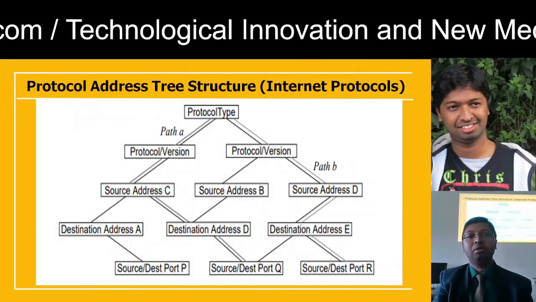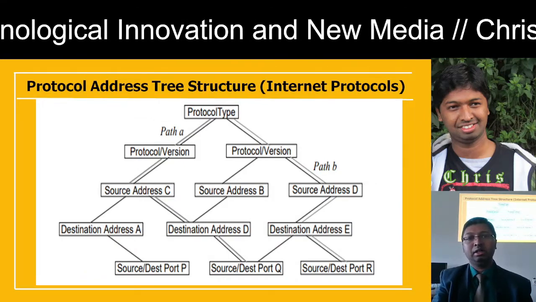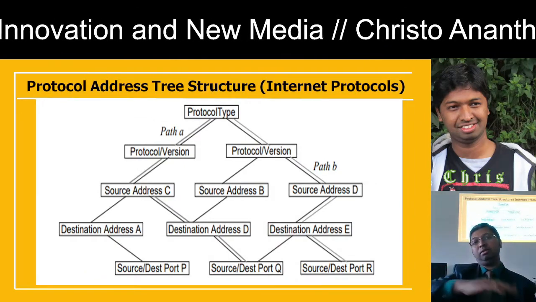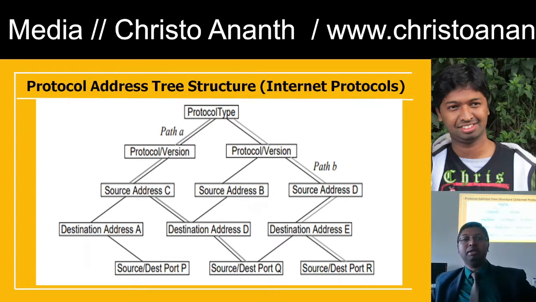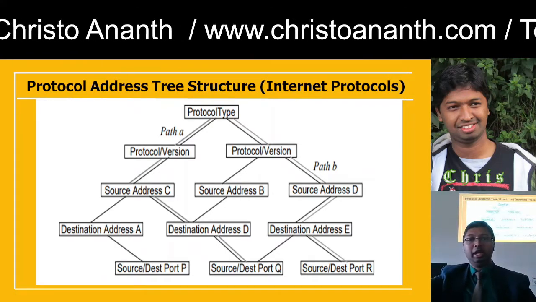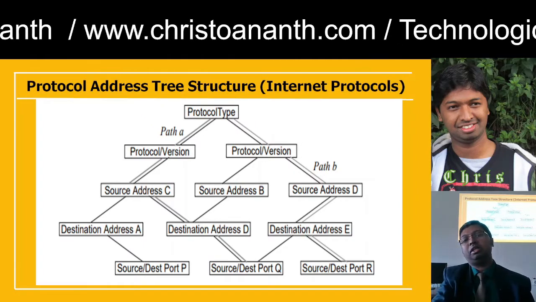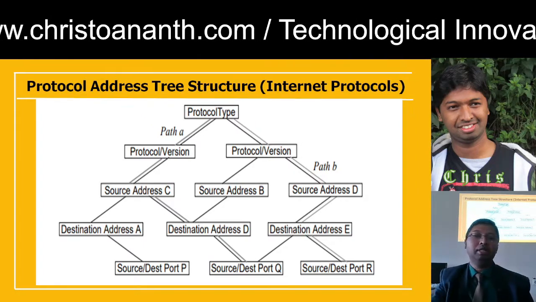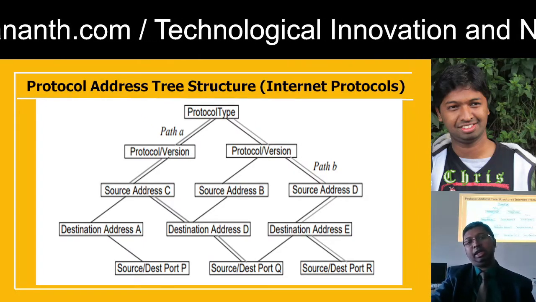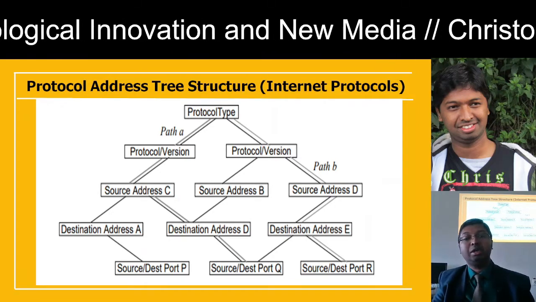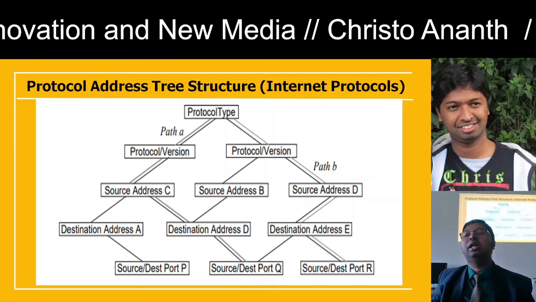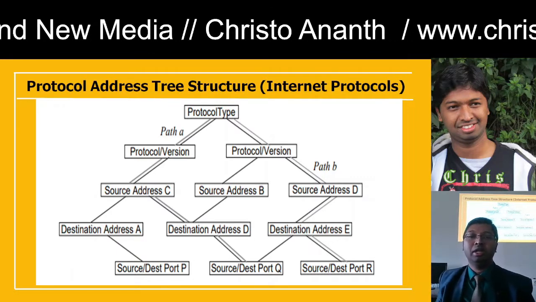So this is the protocol address tree structure. Protocol type, you have the PV, protocol version. So path A, path B, protocol version, and from this you have source address C, B, D, then destination A, D, E, and from this source destination port P, Q, and R. So that is how it goes.